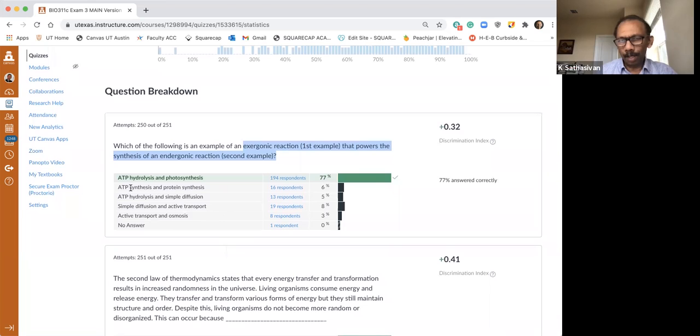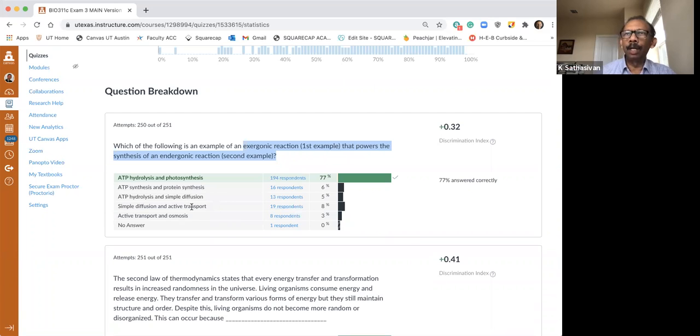But if you look at the other examples: ATP synthesis is endergonic, protein synthesis is endergonic, ATP hydrolysis is exergonic, simple diffusion is also exergonic. You don't need ATP there. Simple diffusion is exergonic and active transport is endergonic. And that one, 19 students selected.